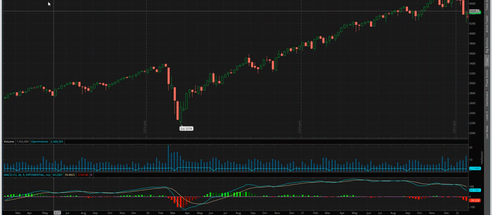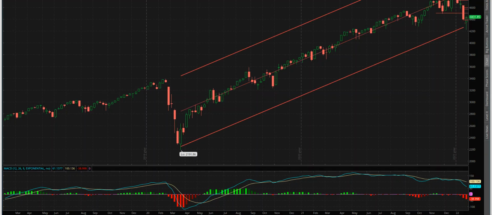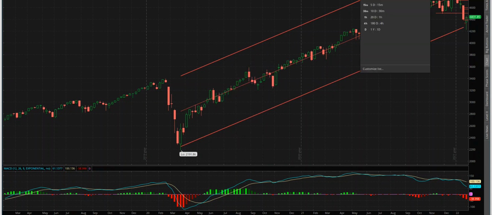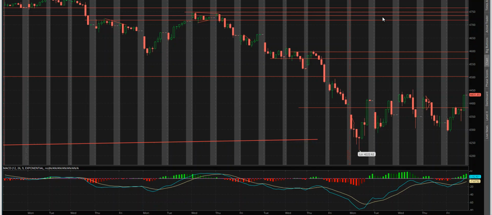No, not on this. Let me change to SPX. Okay, if you see the SPX, this is weekly. So if you say weekly, we can draw something like this, or maybe not weekly. Let's go to 1 hour.